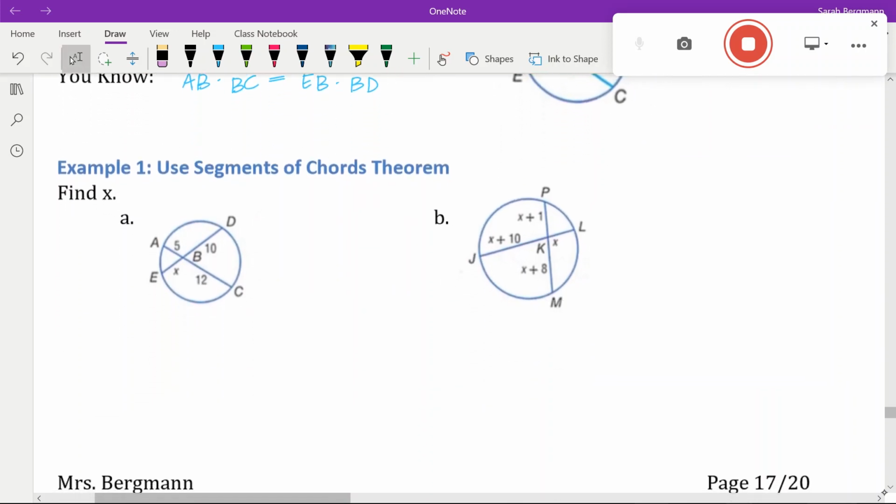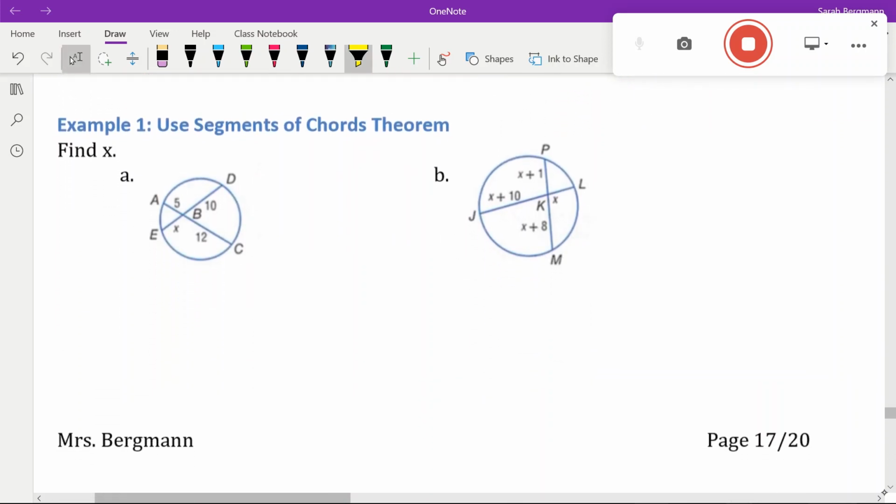Let's use this in an example. It says find X. We'll look at one chord at a time, and look at each of its segments. EB is one piece of this chord. The other piece of the chord is BD. So EB times BD has to be equal to the other chord, chord AC.